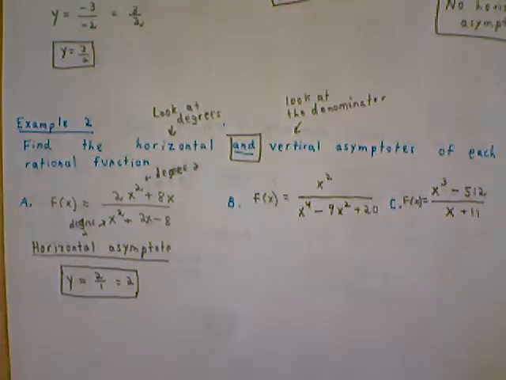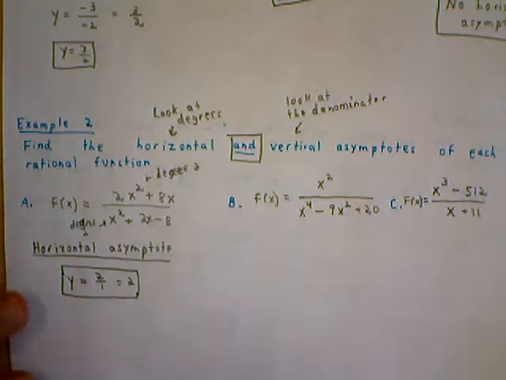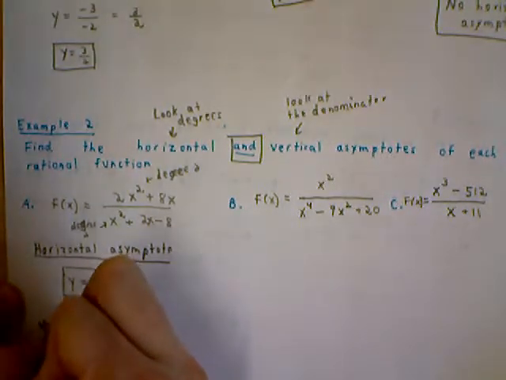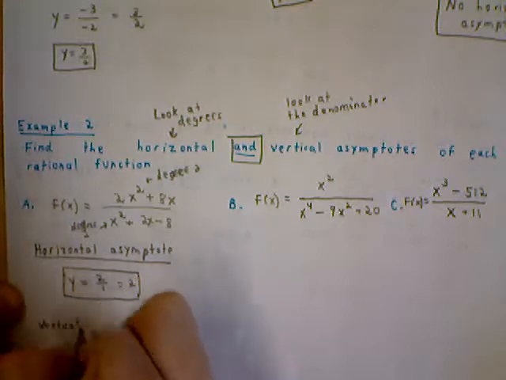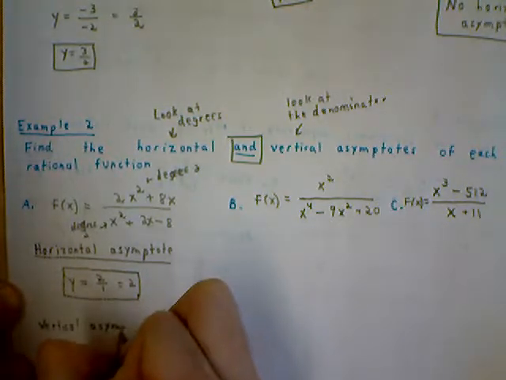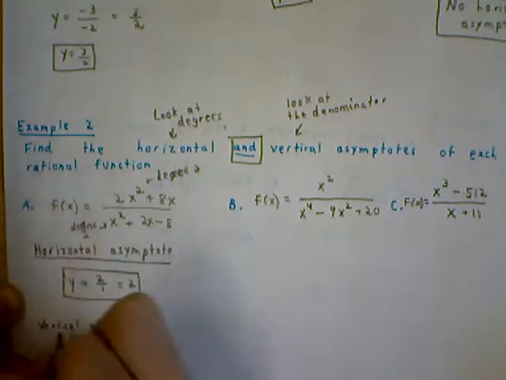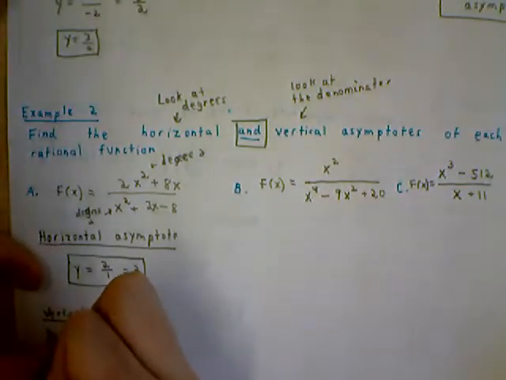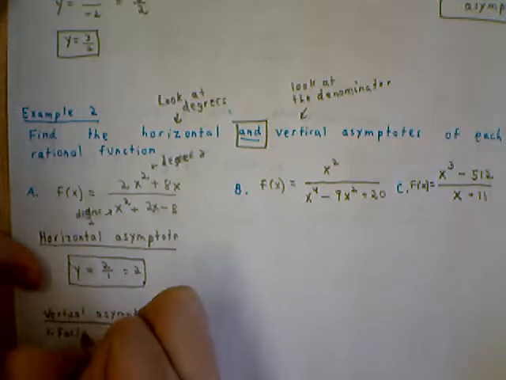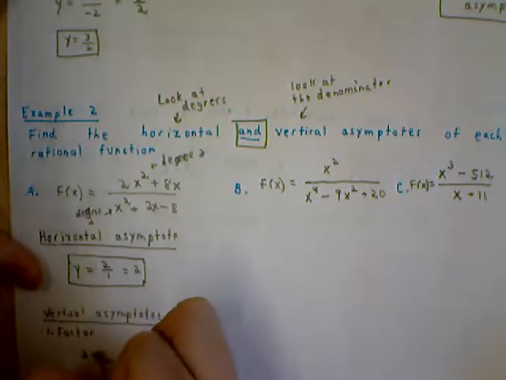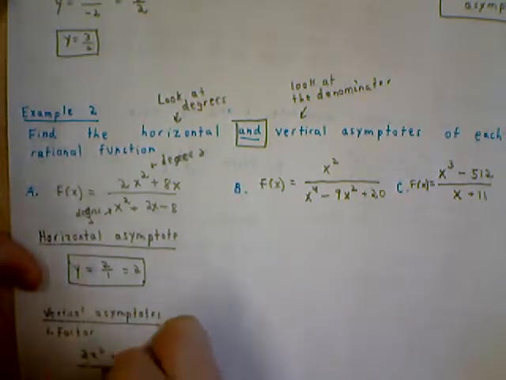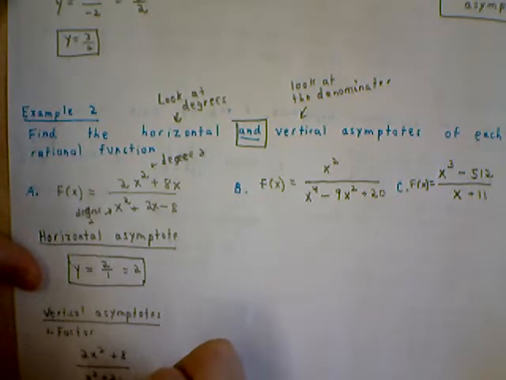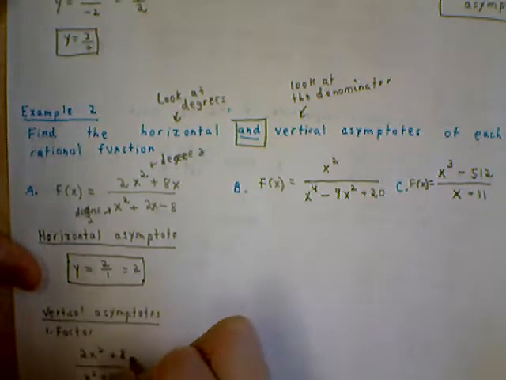Now for vertical asymptotes, we're going to look at the denominator. Let's factor first. I have 2x squared plus 8x over x squared plus 2x minus 8.